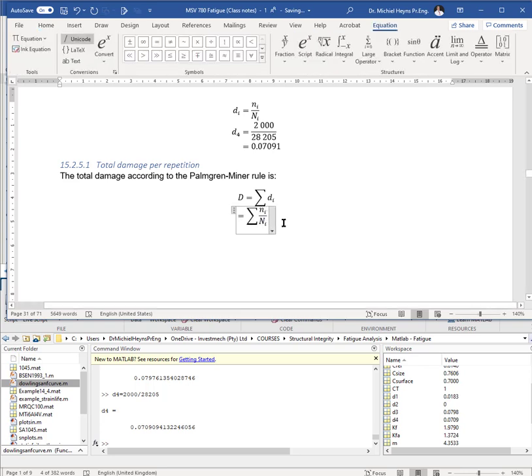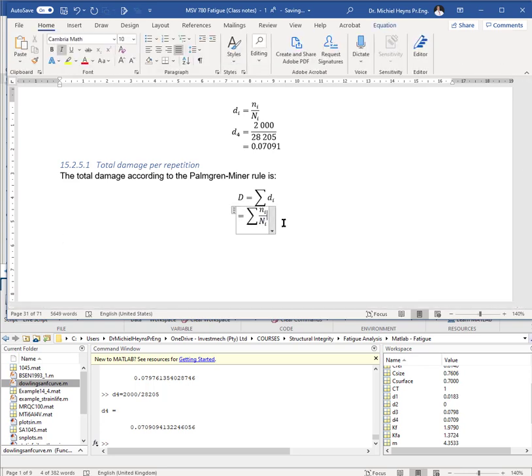In this case, it will be D1 plus D2 plus D3 plus D4.